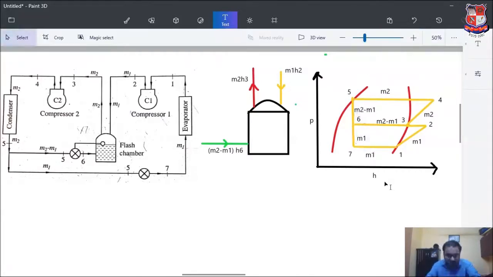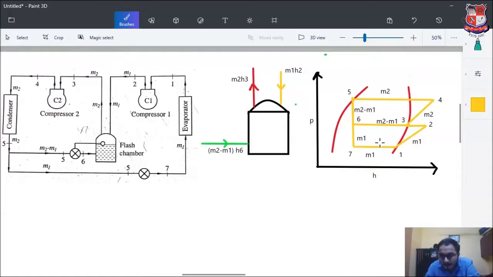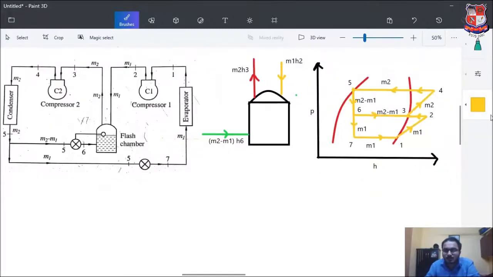So now we are done with this figure, and we can also show the directions here. Now we are ready with this figure, and we can copy this.